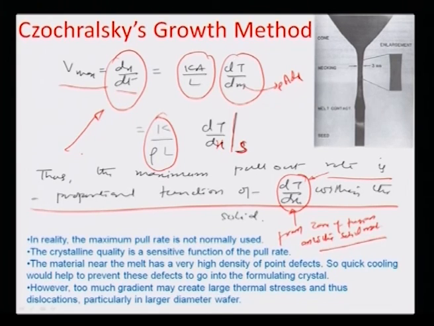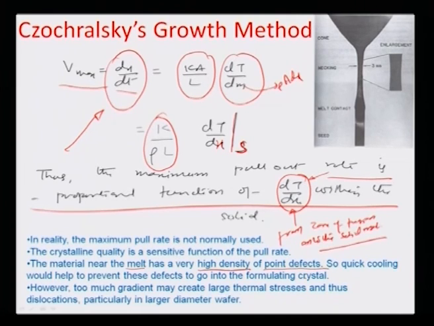So normally the maximum pull rate is never used, and that's because if you give it very less time to form, there is always a tendency of a lot of point defects, particularly in the zone of fusion nearer to the melt, and therefore the point defect density would go up very high if the dT by dx increases.